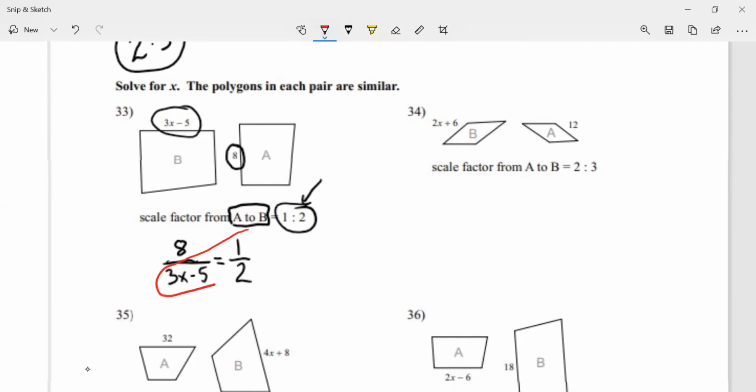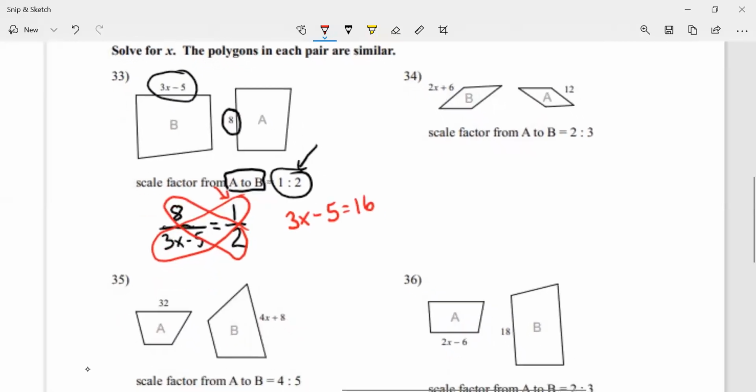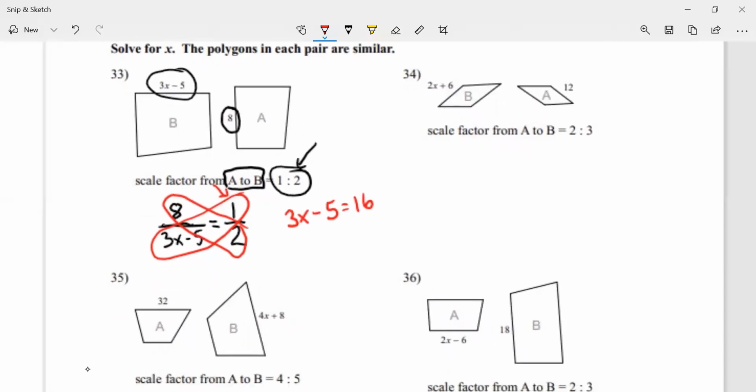If I multiply this way, the one number by itself, in this case 1, I'm going to go 1 times 3x and 1 times 5. That's going to give me 1 times 3x is 3x minus 1 times 5 is 5. And this other way, 8 times 2 is equal to 16. So I have the 3x minus 5 is equal to 16.